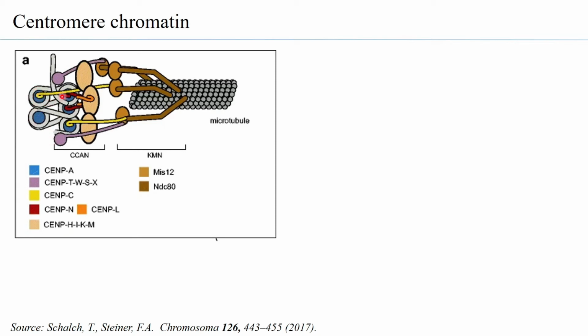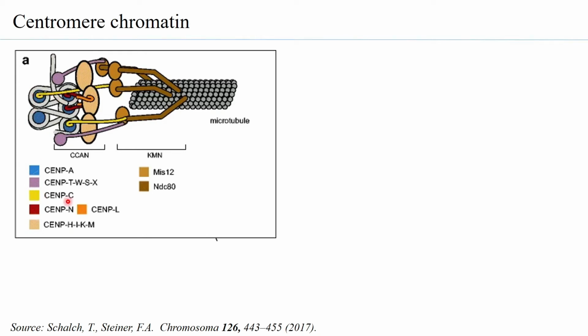You can see that because of the core particle, you already have the DNA in a condensed form. But to form the centromeric chromatin around it, the core particles have to bind to other centromeric proteins.